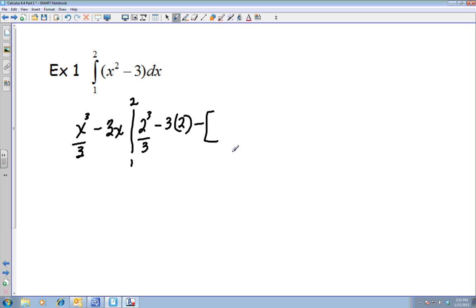So I put parentheses or brackets so I don't mess up on my signs. Now I'm going to plug in my lower limit. 1 cubed over 3 minus 3 times 1. So we're going to do all this without our calculator. So 8 thirds minus 6, I'm going to distribute my negative, minus 1 third plus 3.